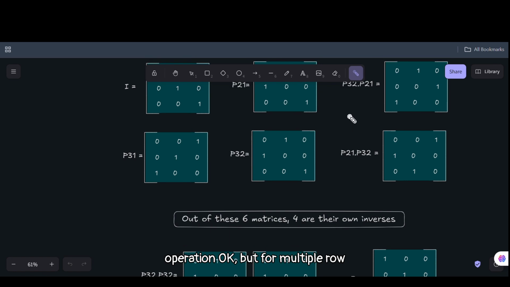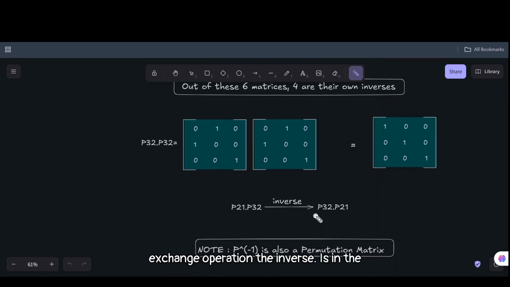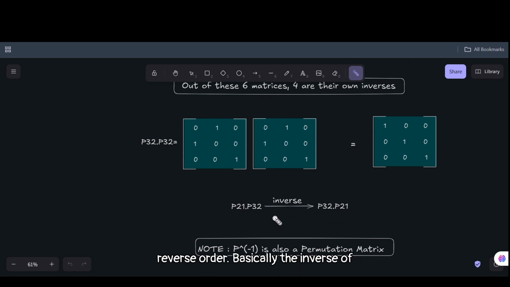Okay, but for the multiple row exchange operation, the inverse is in the reverse order. Basically, the inverse of the multiple row exchange matrix is of the reverse order. Now one way to understand this is through the example of wearing a shoe. How do we wear a shoe? First we put the socks on, and then we wear the shoe.